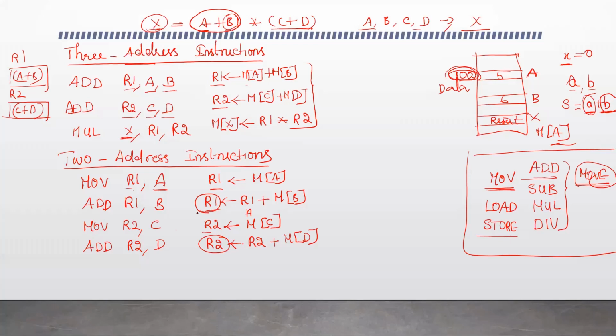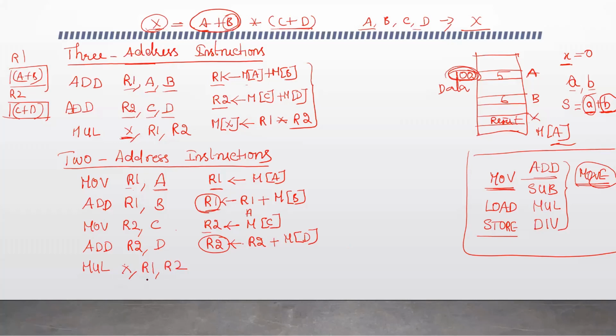Now the next step is to multiply A plus B and C plus D, that is in R1 and R2. So we write the instruction multiply. We can use only two addresses. If it is a 3 address instruction, we can give multiply X comma R1 comma R2.